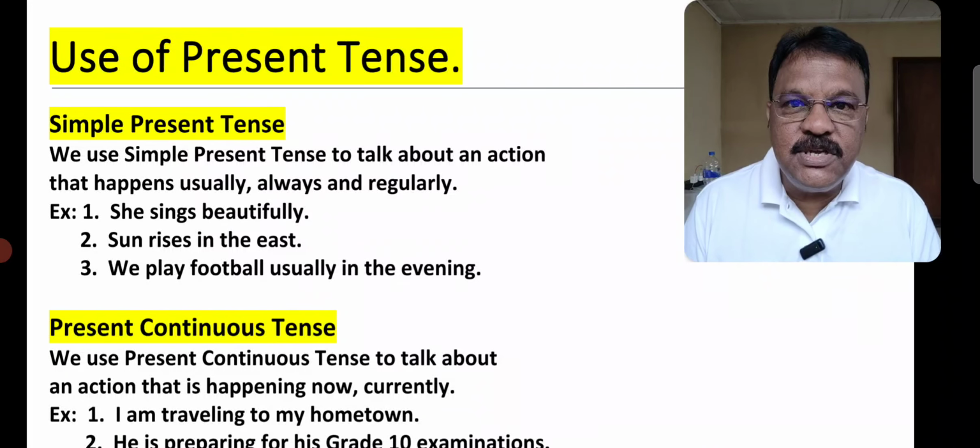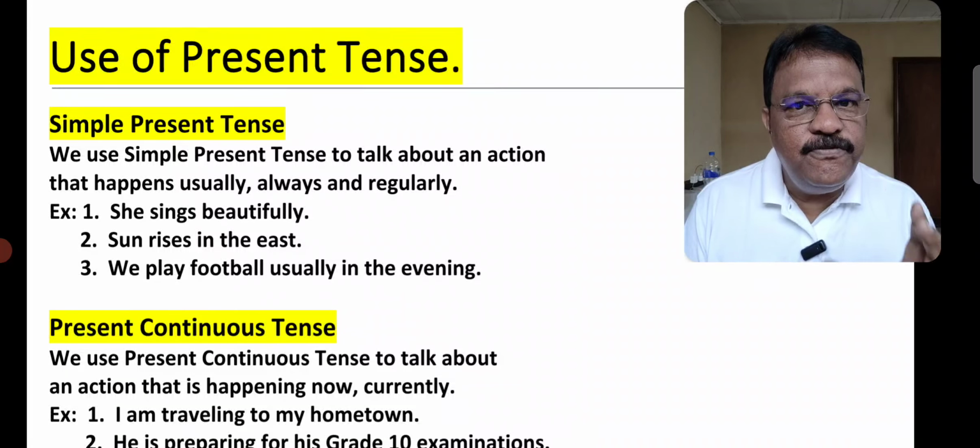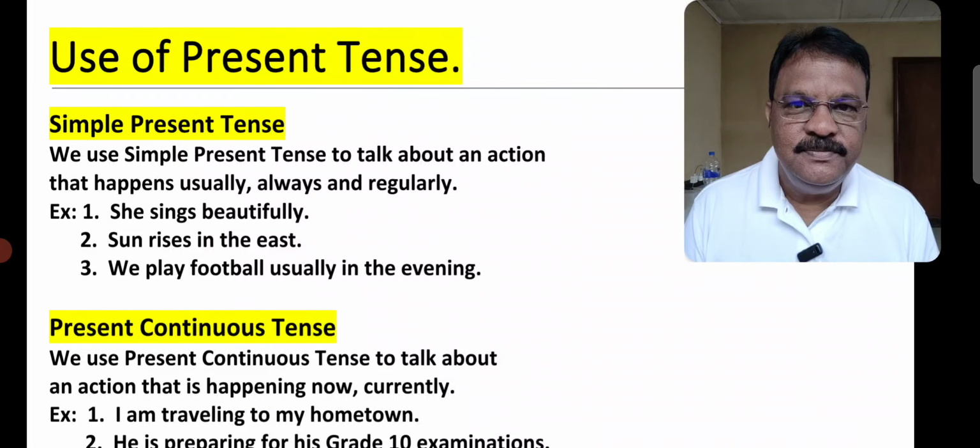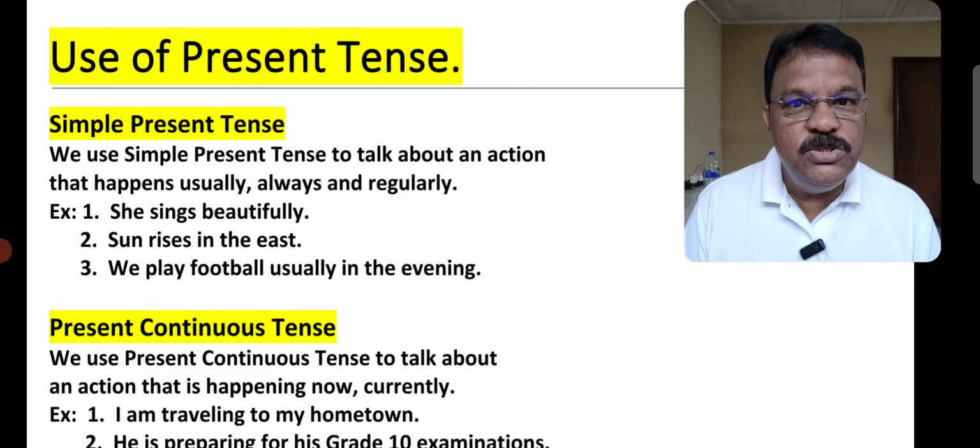And today in this class, we are going to learn about the use of present tense. All right? Are you interested in learning the use of present tense? If you are truly interested, please join me in this class and be with me till the end of this class. You will truly know the uses of present tense.